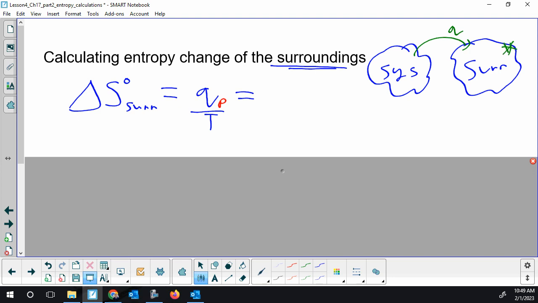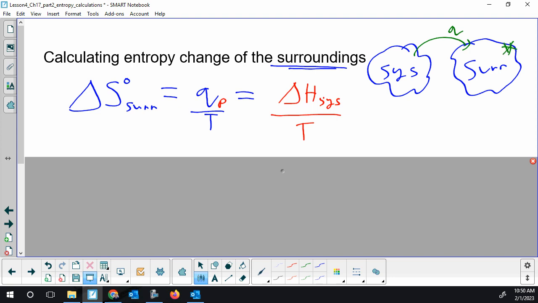Okay? The Q under constant pressure is enthalpy change of the system. Okay? It's not the enthalpy change of the surroundings, it's enthalpy change of the system. Okay? We've got that divided by temperature. We almost have our relationship. We're missing sort of one piece. We kind of have the wrong perspective.